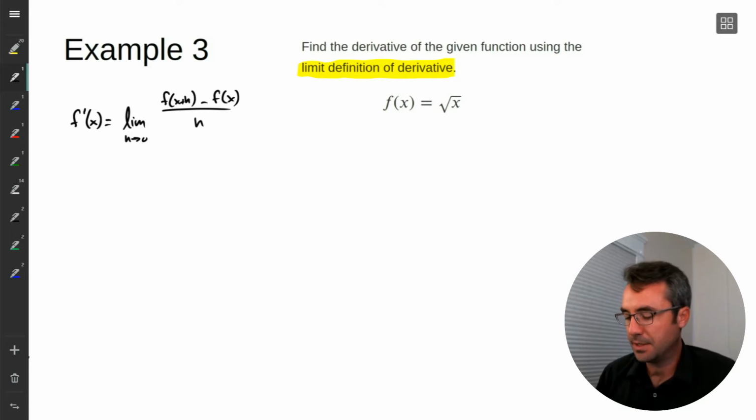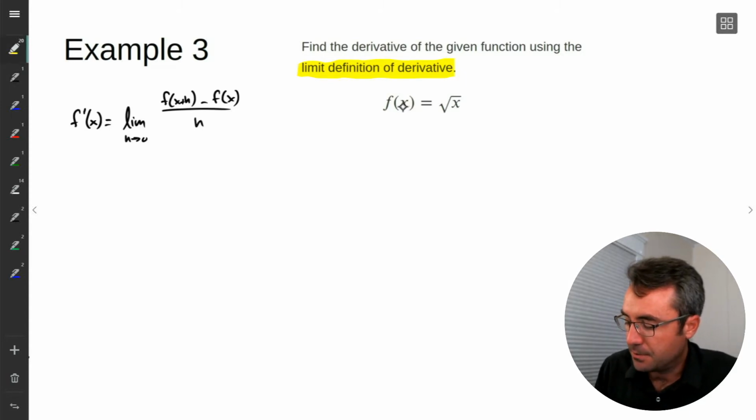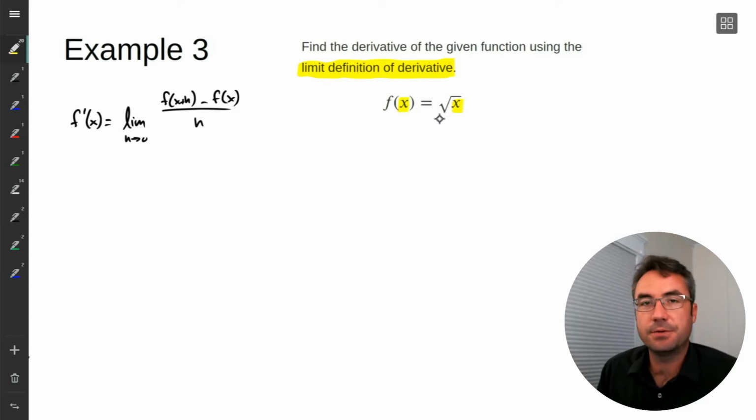Okay. So now let's actually work with this f of x plus h term. So we're going to plug x plus h into our original function here. Wherever we see an x in this equation, just change it to an x plus h. Change this one, we get f of x plus h. Change this one, we get square root x plus h. There we go.